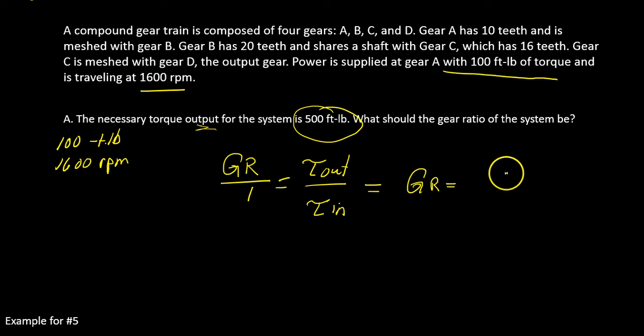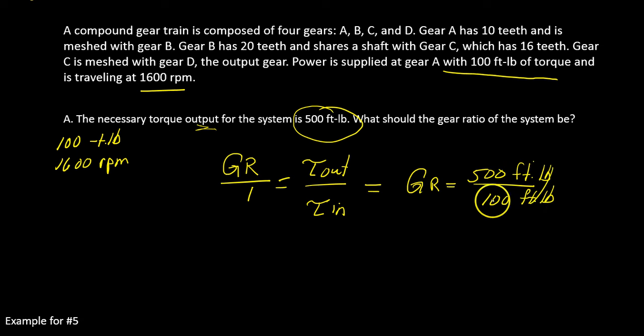So torque out is 500 foot-pounds. What else do we know? Well, if we're looking back at gear A, we had power supplied at gear A at 100 foot-pounds of torque. That's the reason we made this note down here earlier. So we know coming into the system it's also 100 foot-pounds.